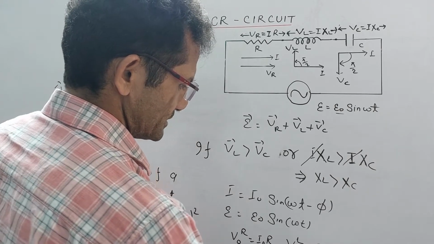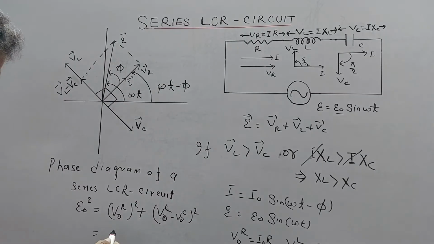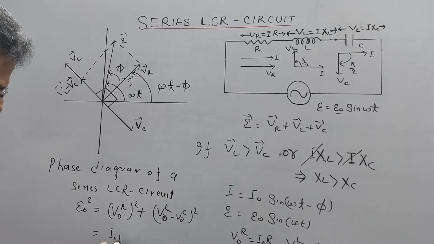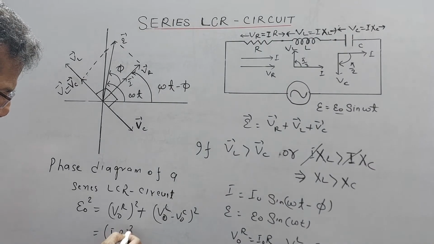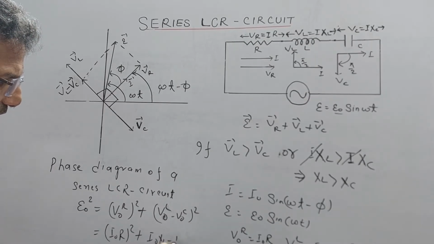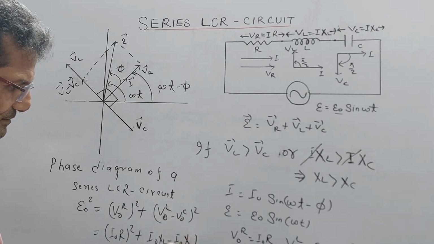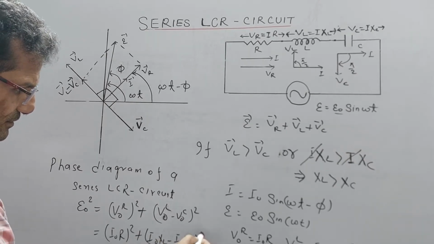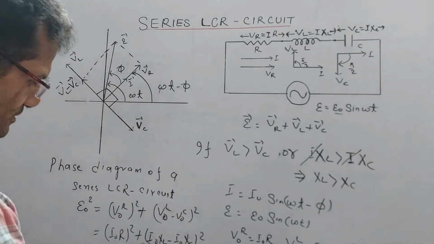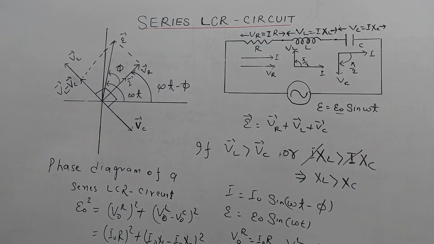If I put all these values in this expression, I get I naught R whole square plus I naught XL minus I naught XC whole square. After taking I naught outside, we will be able to find the maximum current in terms of E naught and the impedance of the circuit.